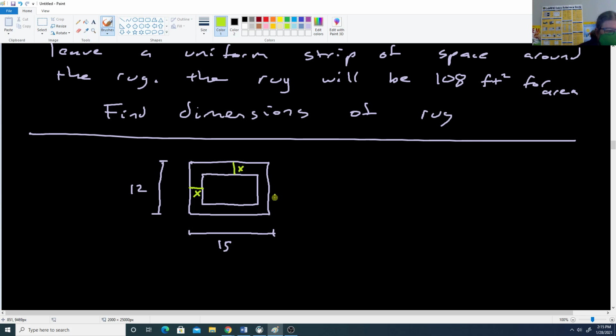So the space between the wall and the rug is X on all sides. So when I do that, the width of the rug is 12 minus 2x, and the length of the rug is 15 minus 2x.